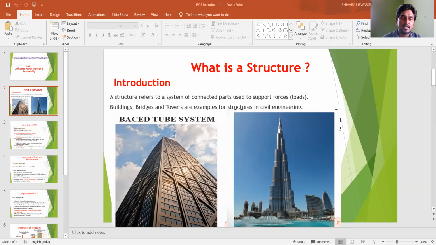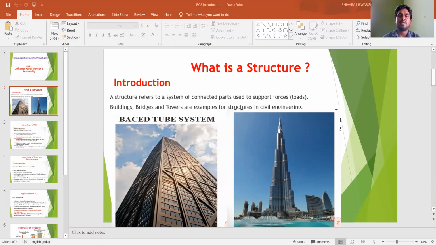In buildings, the structure consists of walls, roofs, and foundations, and in bridges, the structure consists of a deck, supporting system, and foundation. Similarly, in towers, the structure is nothing but vertical elements, horizontal elements, and diagonal elements. Along with the foundation, these are all the particular parts of a civil engineering structure.